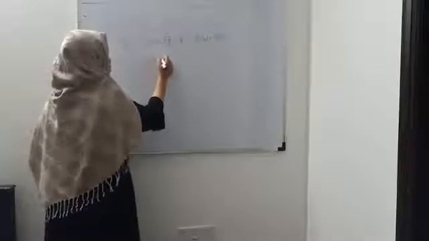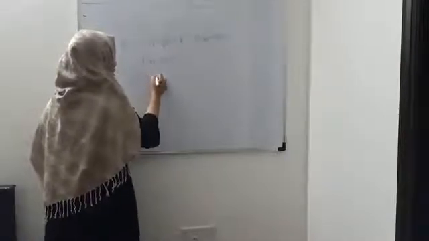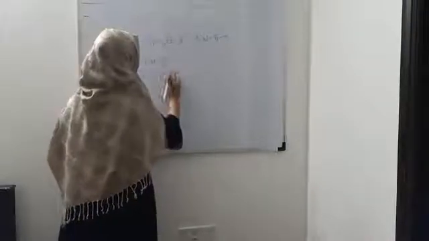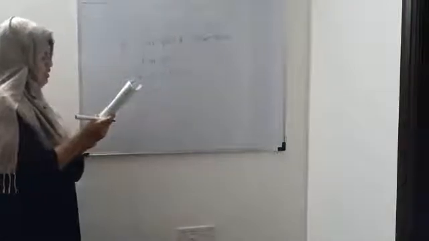Okay, so here f of x is equal to g of x. This is given for us, right? So root x minus 3 is equal to 5 minus x. Isn't it? Yeah.